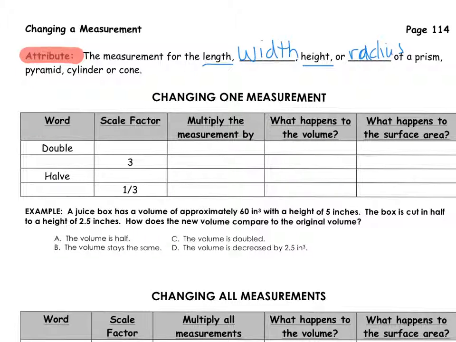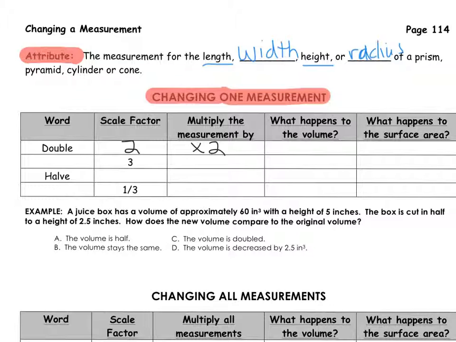Today we're going to focus first on what happens when you change one measurement, either the length, the width, or the height. Let's start out with the word double. What double means is that you are going to be using a scale factor of 2. Whatever measurement they give you, you're going to multiply that measurement by 2.